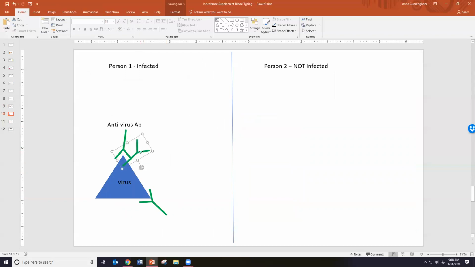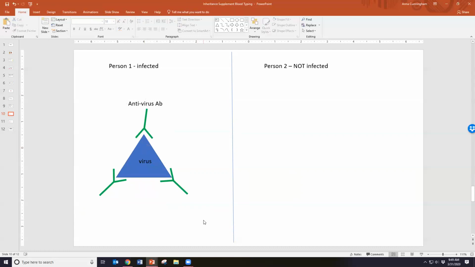But what happens is the virus actually has to use antigens to attach to your cells to get inside of them. So when you start creating antibodies to the virus, you're binding all of those antigens, and without those antigens, the virus can't enter the body's cells.